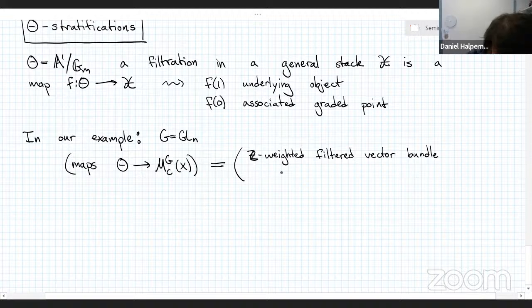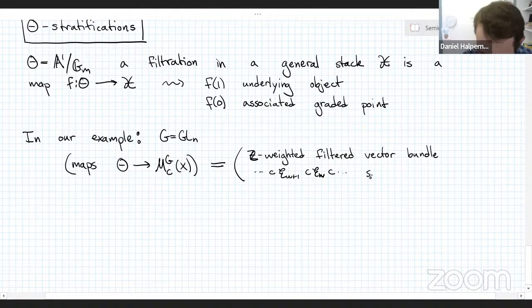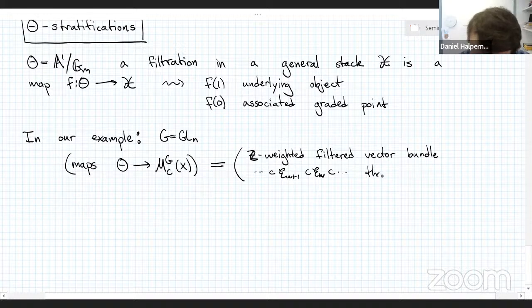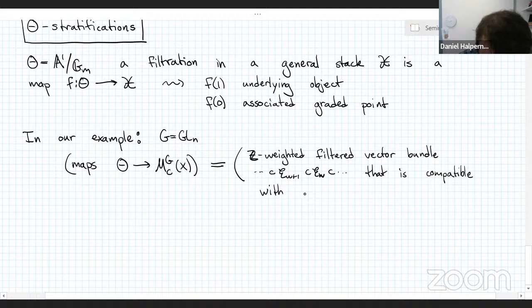And then such that, well, part of the data of this MCG of X is a vector bundle along with a section of some associated bundle. And so I want this filtration to be compatible with the additional data.